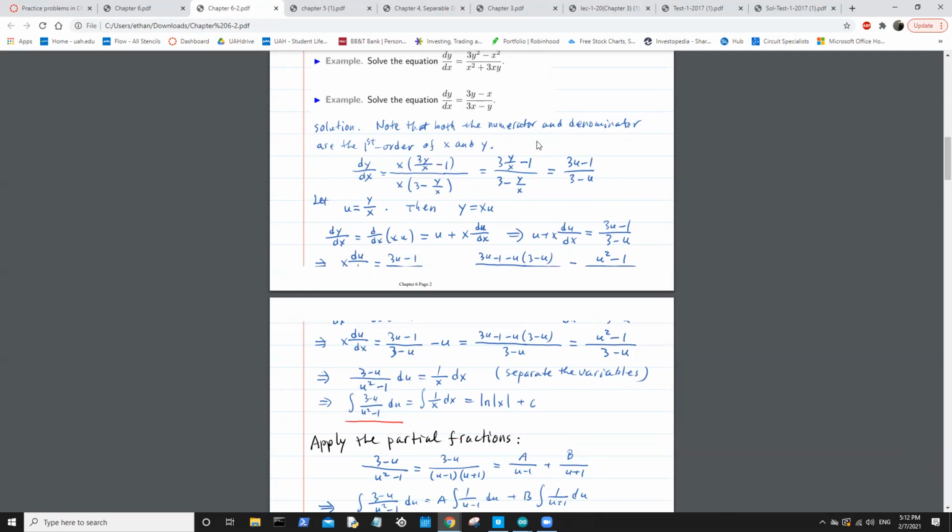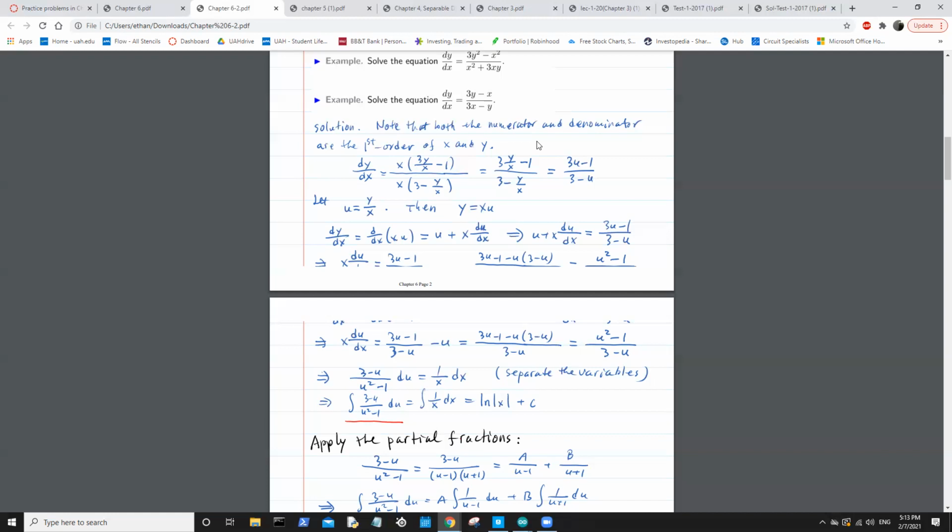And it's unfortunate. So if we flip it the other way, then we instead get dy/dx is equal to (1 minus y over x) over (1 plus y over x). You sub that, you get dy/dx is equal to (1 minus u) over (1 plus u) instead.